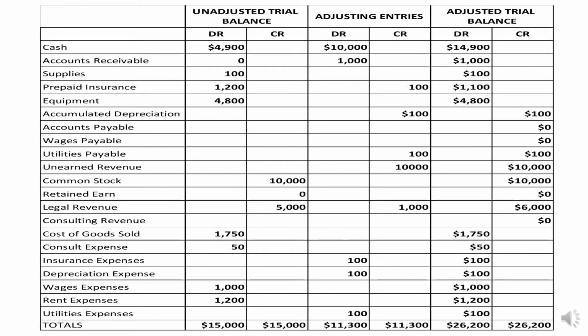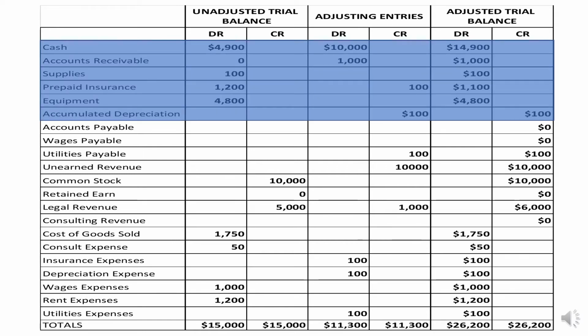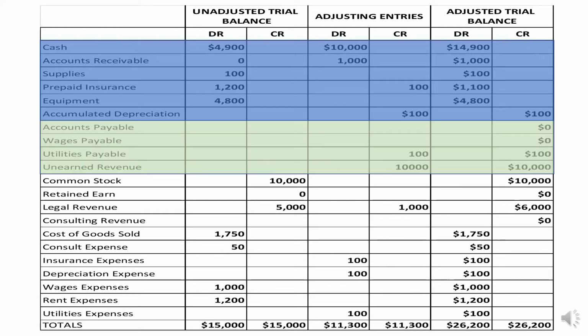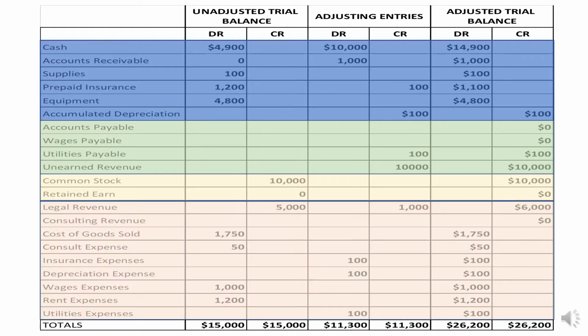Our asset accounts are recorded, followed by our liability accounts, followed by our owner's equity accounts, and finishing it all off are our revenue and expense accounts, which hit our income statement. We can also see that our debits and our credits equal. So we've recorded a debit and a credit appropriately for each of these transactions.